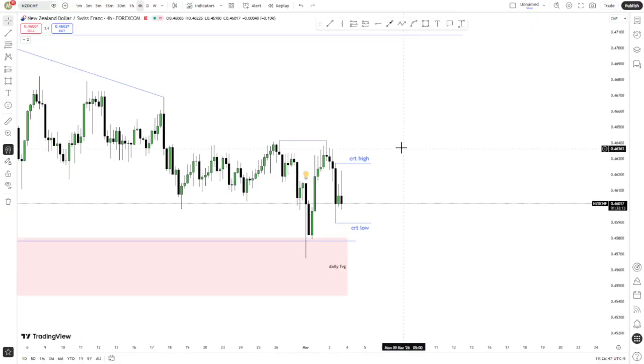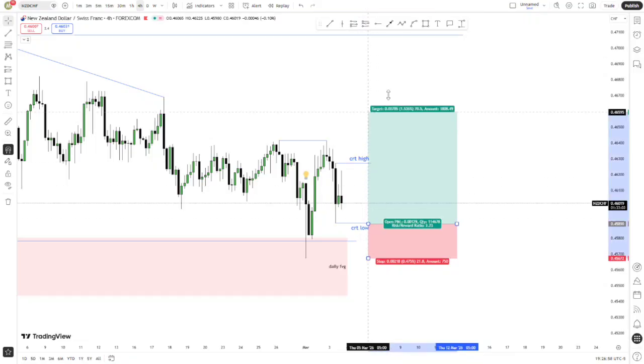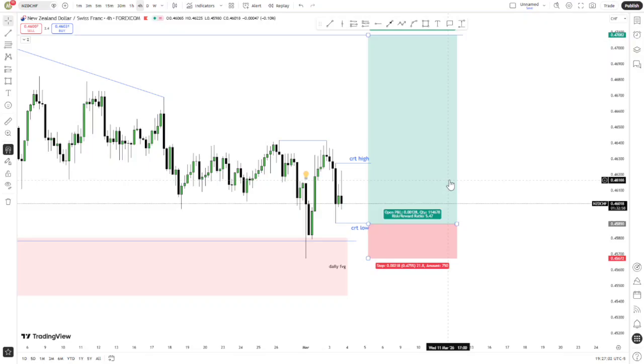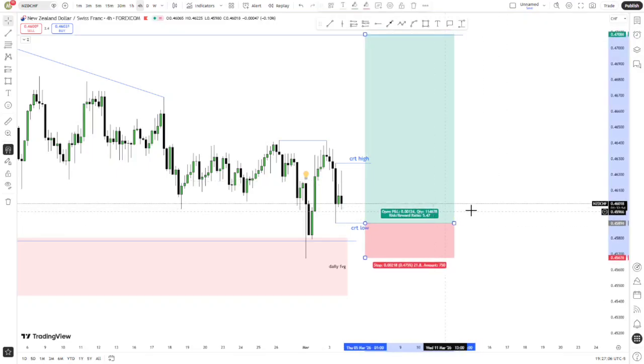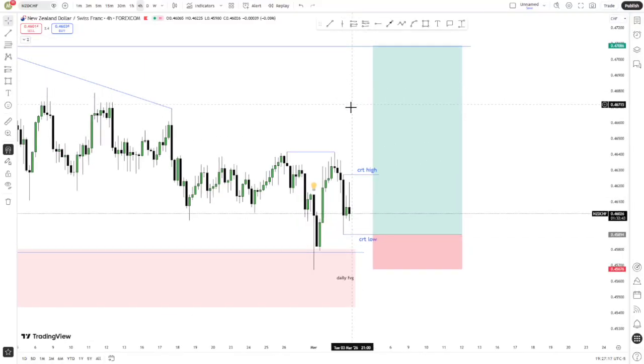My best entry is going to be on this low, a Judas swing entry. We want to enter on this low, stop loss just below these points, and I'm going to aim for this high. This is going to be a 5.4 risk to reward. So I want to see price sweep this low, tap into this area and start rejecting up.